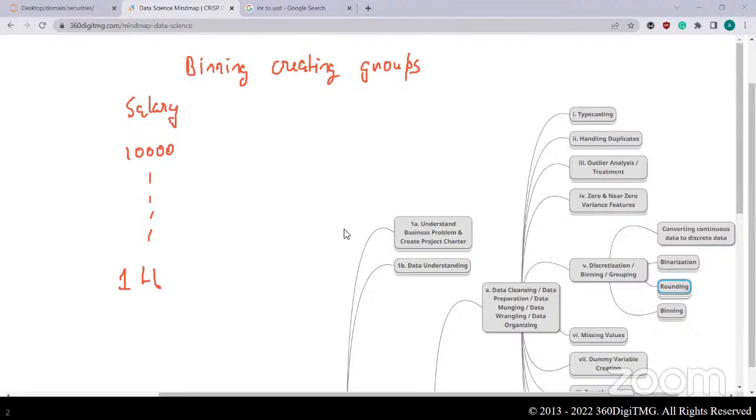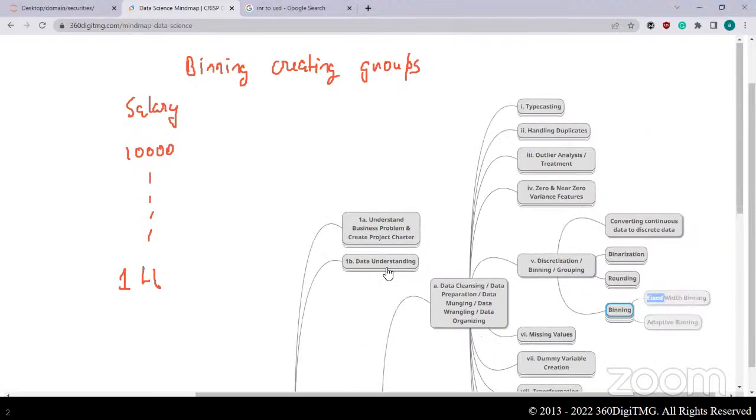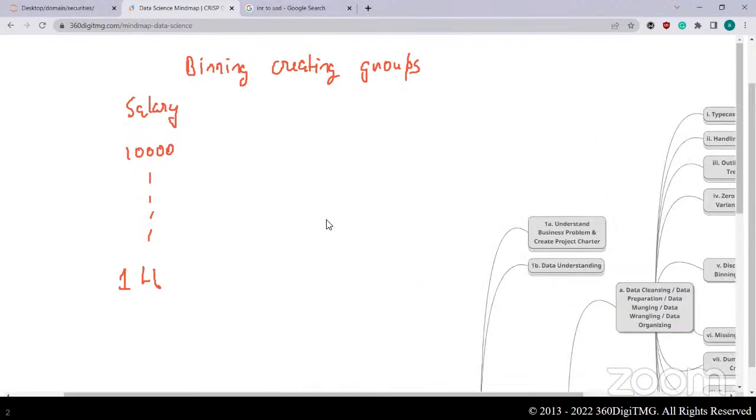Okay. So what we do in binning is we say that instead of having only low and high salary, we also want medium salary, mid-range salary.